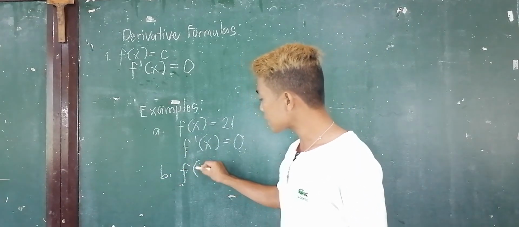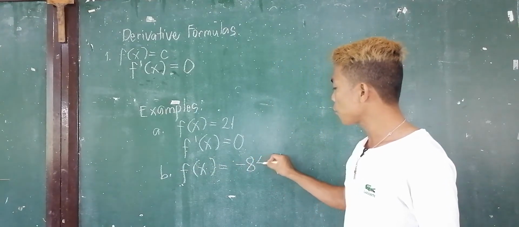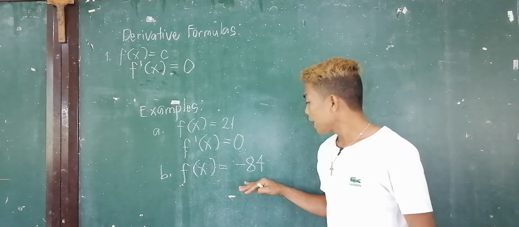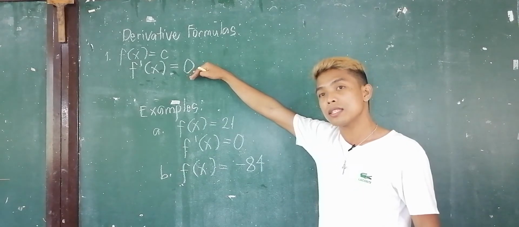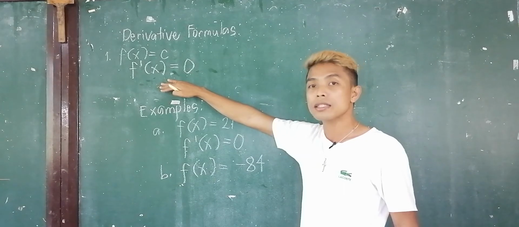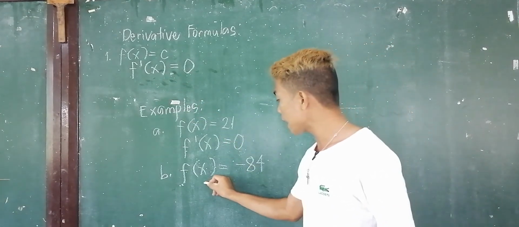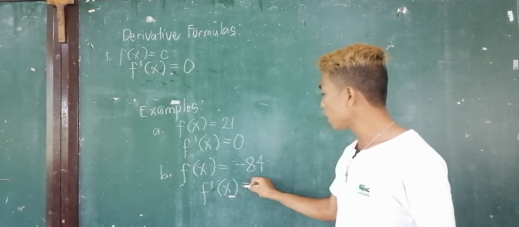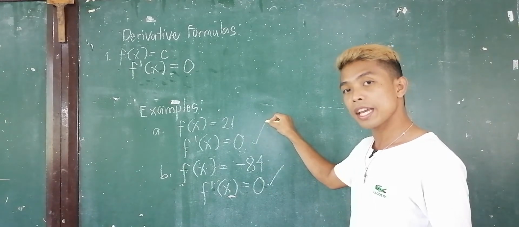F of x is equal to negative 84. Again, because negative 84 is a constant, we use the formula where the derivative is f prime of x is equal to 0. Gagamitin natin yan dito. We will get f prime of x is equal to 0. This is our derivative. Okay?